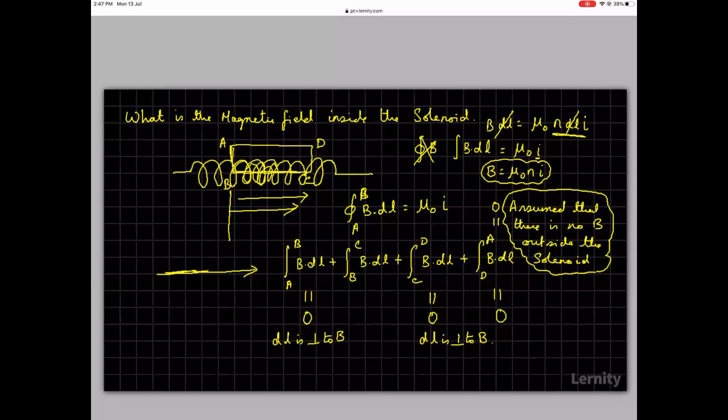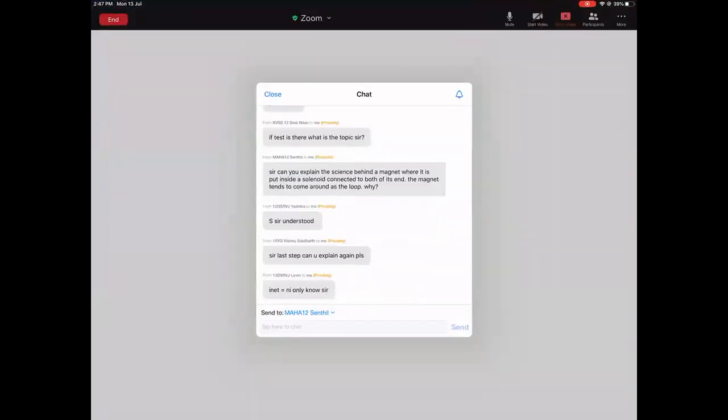Yeah. So if this is understood, let me just come back. I net is equal to, no, N is the number of turns per unit length into dl. Only that will give you the total number of turns.